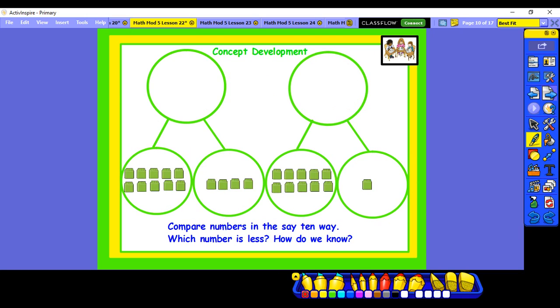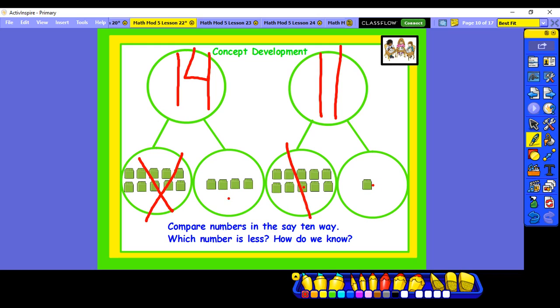Can you compare the next set? I see 10, 4. What's the whole amount? 14. I see 10, 1. What's the whole amount? 11. Can you tell your parents why you can't use this part to compare?